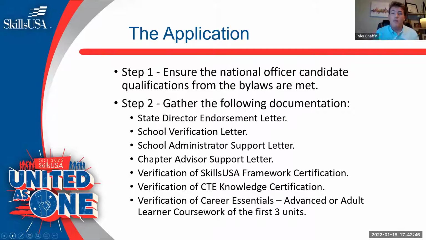So step 1, before even applying, you want to ensure that you meet all the national officer candidate requirements from the bylaws. That includes any additional requirements outlined in the program guide. Then you'll want to gather the following documentation: your support letters from stakeholders such as your state director, your school administrator, and chapter advisor, and, as I mentioned about those additional requirements, verification that you've achieved that coursework and passed as outlined in the program guide.